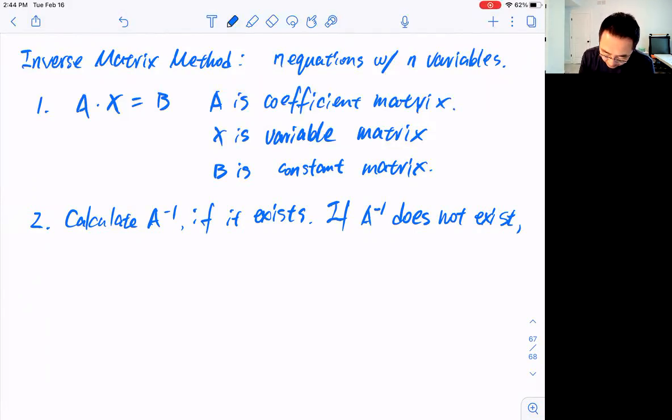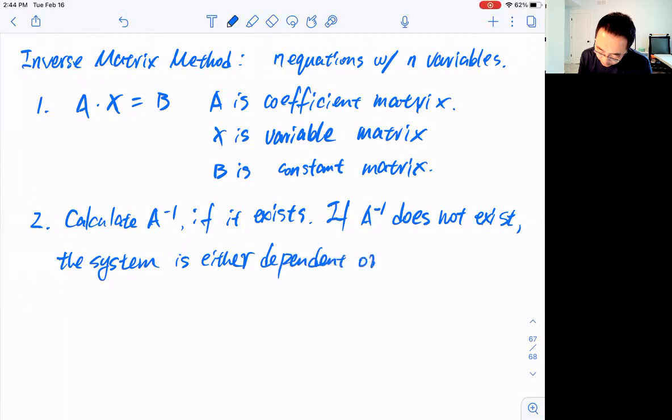So the system is either dependent or inconsistent. Then you have to use some other way to solve it and see which one it is.